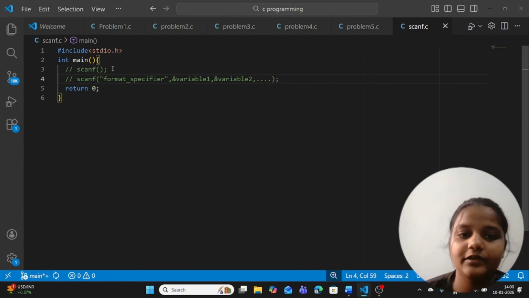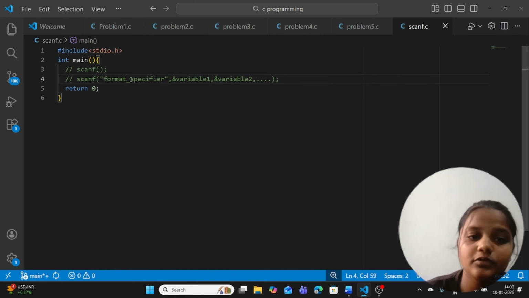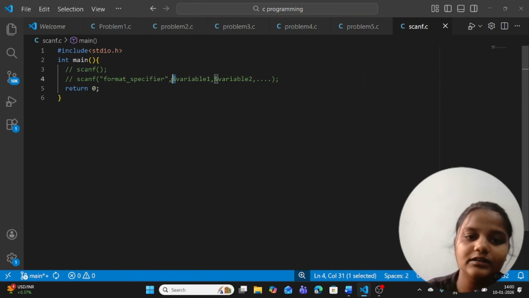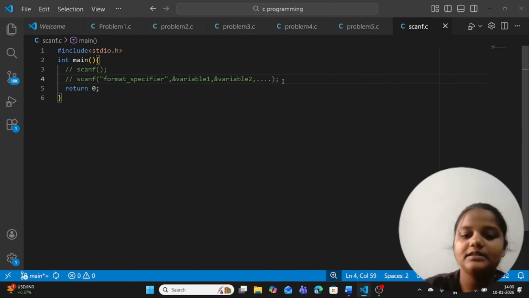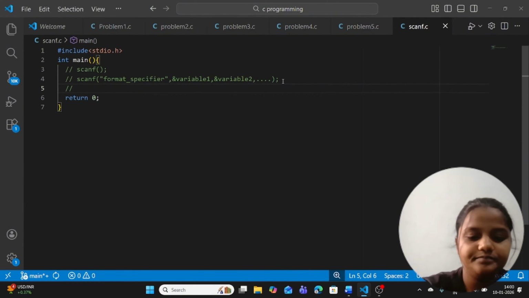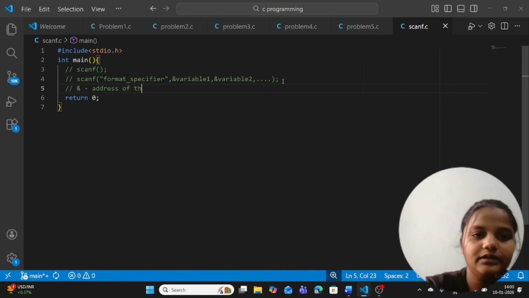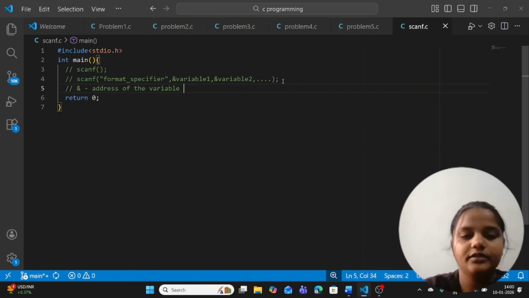We can give n number of variables, and you want to give n number of specifiers. However many variables you want to get user input for, that many format specifiers you need to insert. So what does this symbol mean? The ampersand symbol represents the address of the variable.